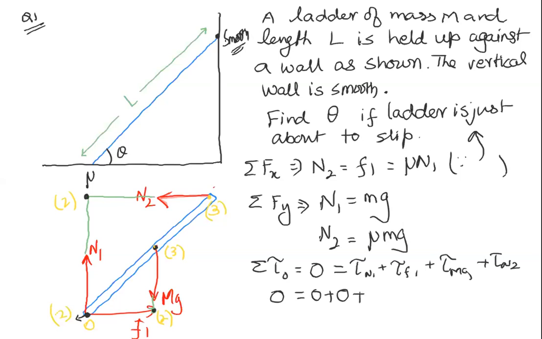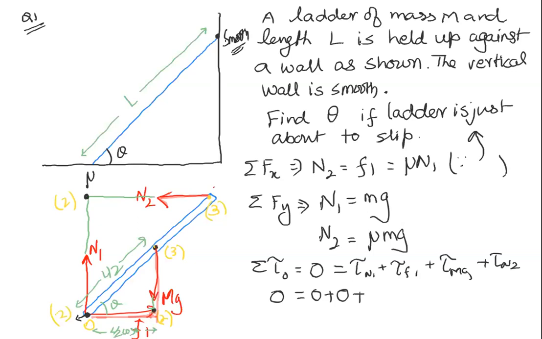All we have to do is extend this vector and drop a perpendicular from the chosen origin. I know that this distance is L by 2, and I know that this angle is theta. So I know that this perpendicular distance is L by 2 cosine theta.